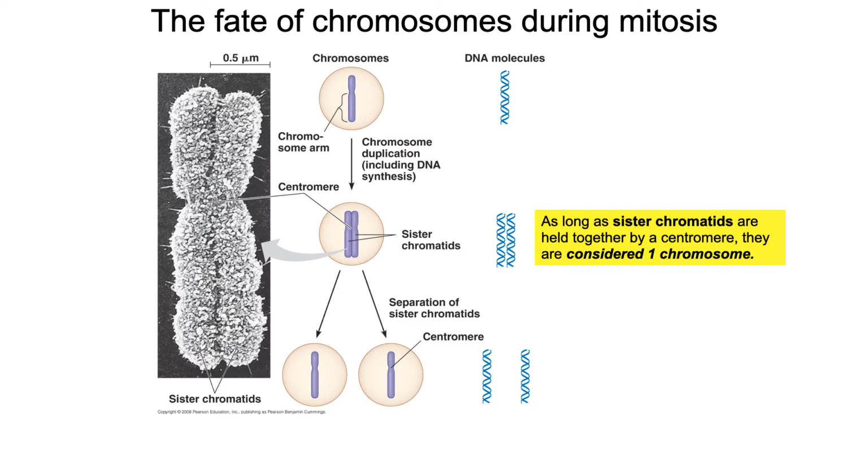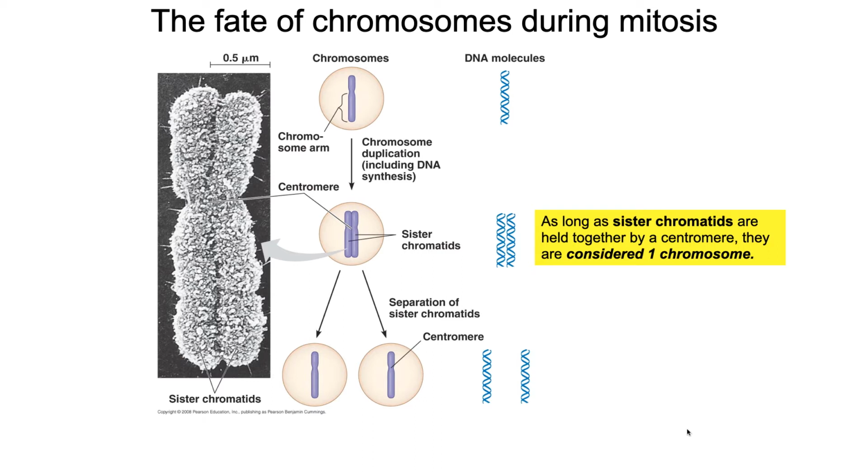If we take a look at a chromosome during mitosis, we have to make sure that we come to an understanding of nomenclature, of naming, of terminology. Because if you don't understand how we name things, then when you read stuff in the book, when you read stuff on an exam, it's going to become very confusing.